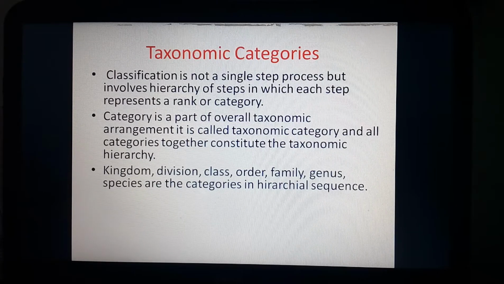That means there is an arrangement in any organization from the highest category to the lowest. You can take another example also: many small boxes are present in a large box. That is a hierarchy, from larger to smaller.